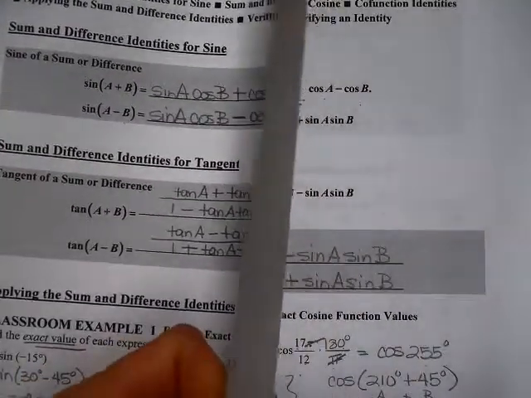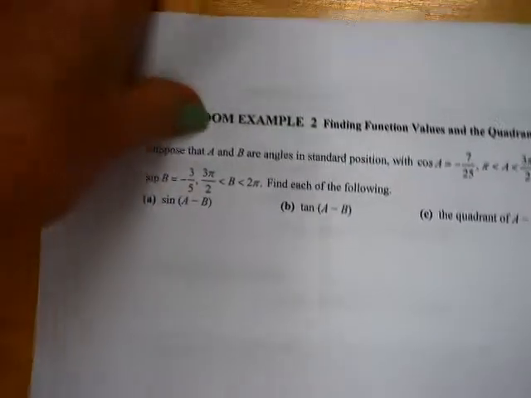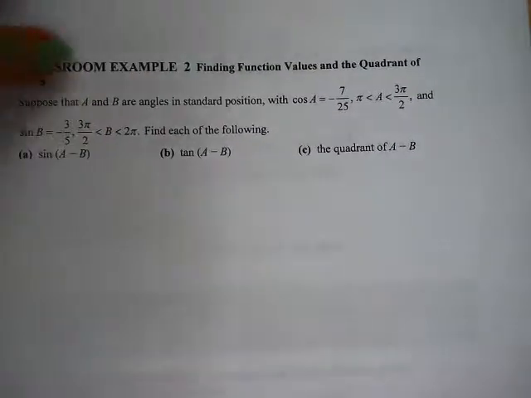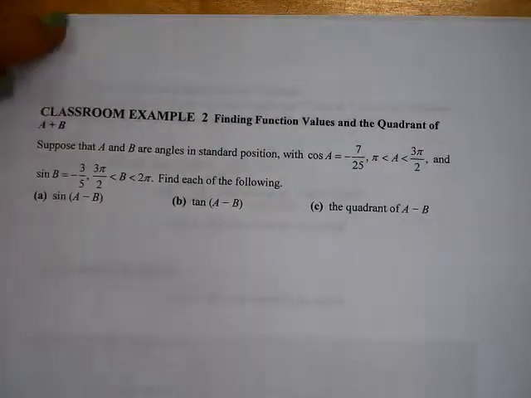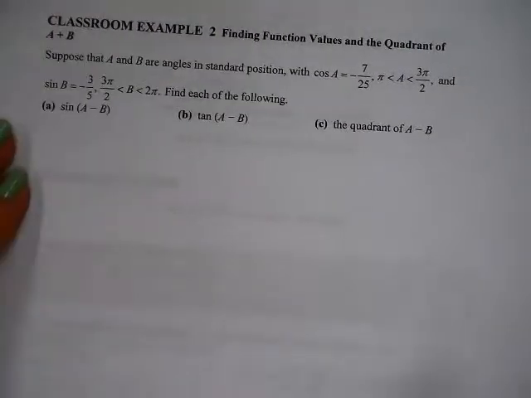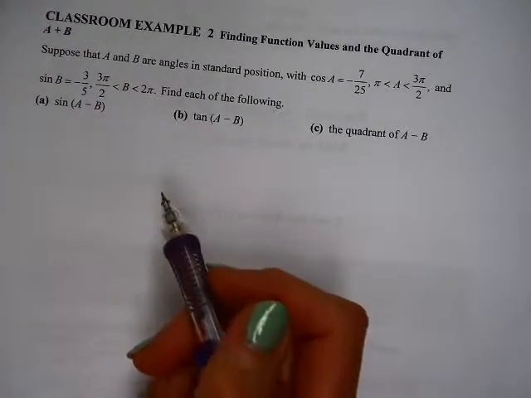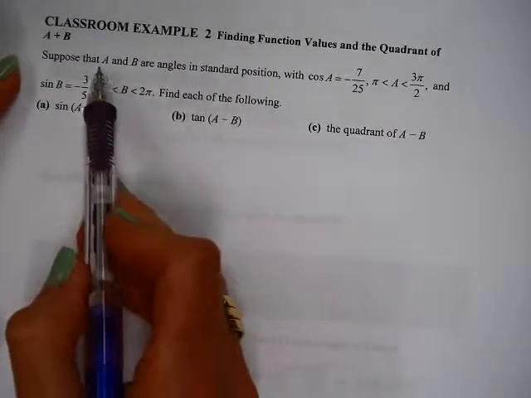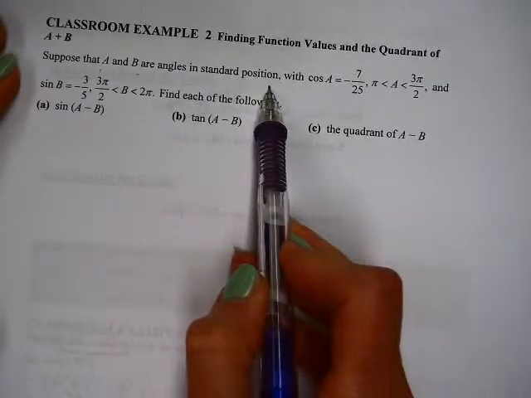Now, they have the same type problems in section 5.4 that involve sine and tangent. So let's look at those and make sure we get this. So this is in section 5.4. We've got A and B in standard position.